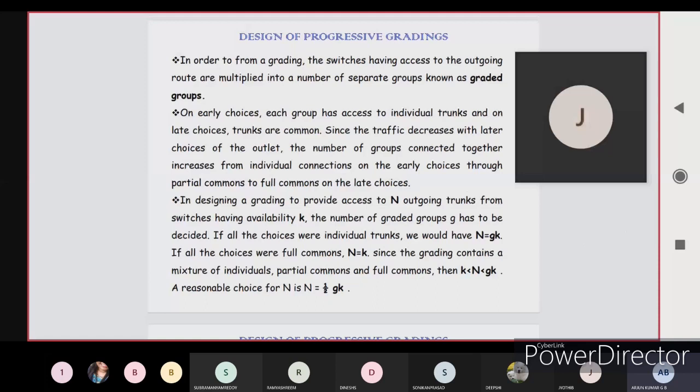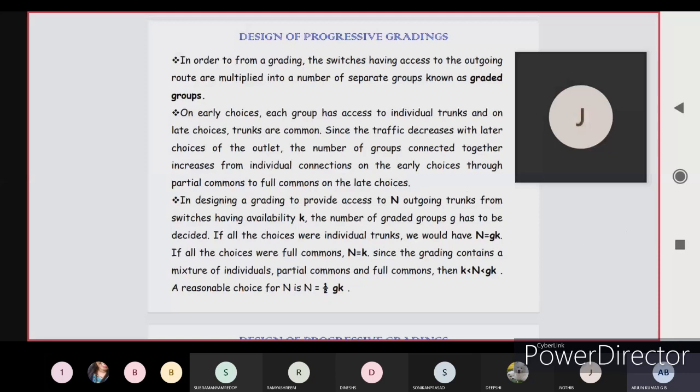The grading is a mixture, a combination of individual, partial common and fully common. Then n will vary from k to gk.